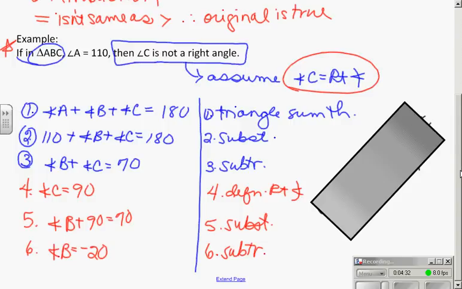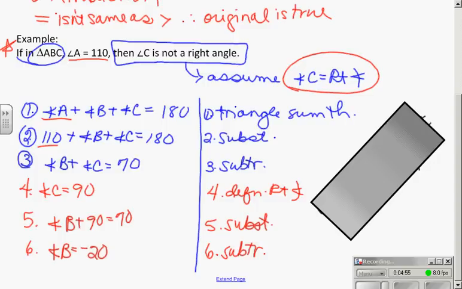Now, first step, if I have a triangle, one thing I can always write is that A plus B plus C equals 180 by the triangle sum theorem. All the angles of a triangle are 180. By substitution, I can replace A with 110 from the given. So 110 plus angle B plus angle C is 180. Substitution.